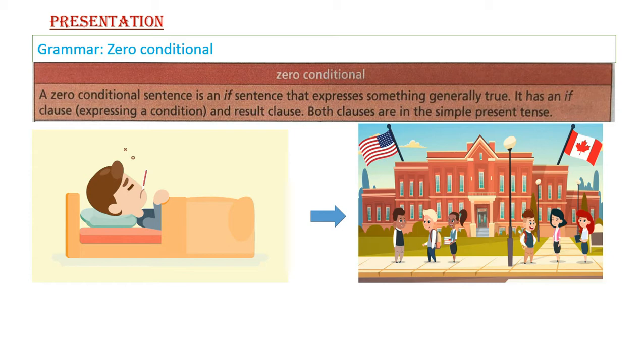So now let's have a look at the pictures. I have two pictures. What do you think about the first one, and what do you think about the second one? The first one shows a man who is getting sick, and the picture on the right is about school, students who are at school. With two situations like this, I can use a zero conditional.